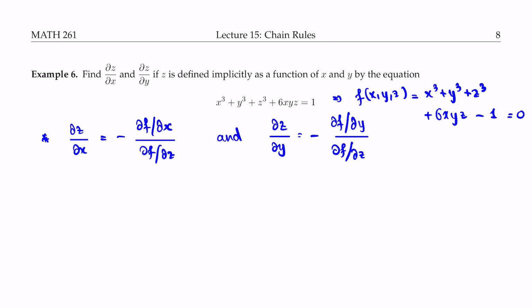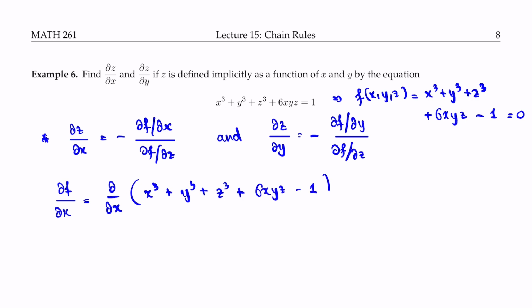Now to find partial z partial x and partial z partial y, we need to derive the formula for partial f partial x, partial f partial z, and partial f partial y. So to get partial f partial x, you're going to do partial x of x cubed plus y cubed plus z cubed plus 6xyz minus 1.